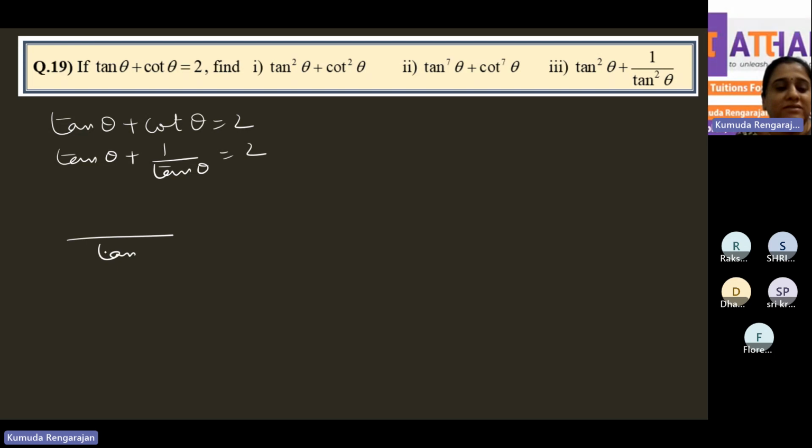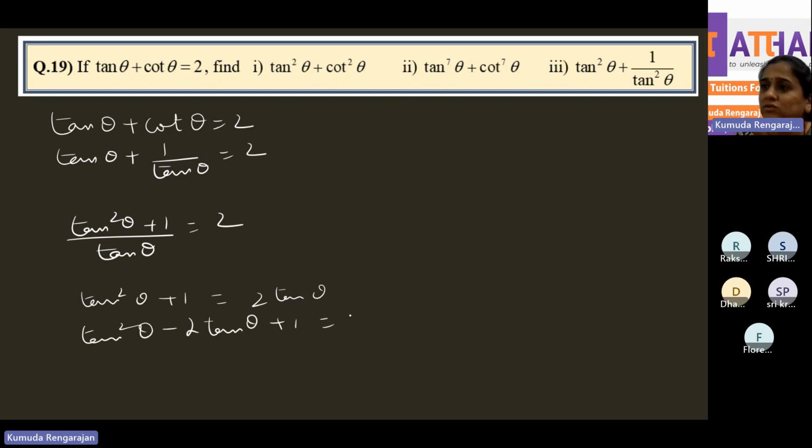Correct. Common denominator: tan square theta plus 1 over tan theta is equal to 2. Then tan square theta plus 1 is equal to 2 tan theta. Then tan square theta minus 2 tan theta plus 1 is equal to 0.